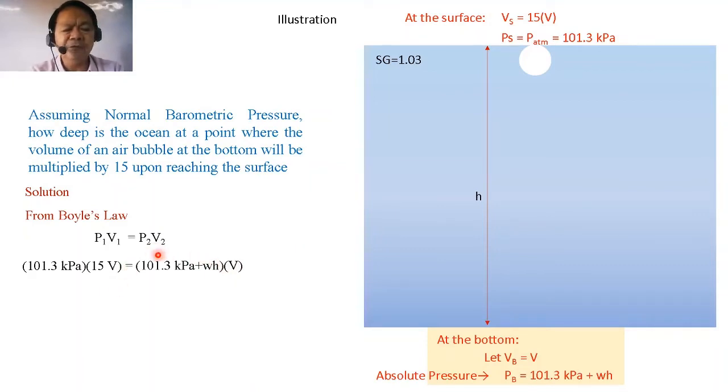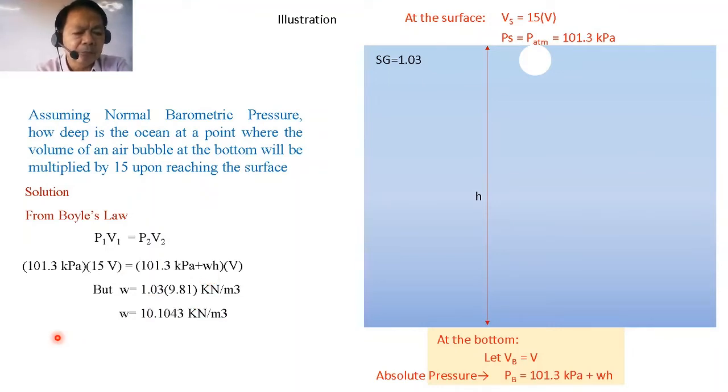So when we simplify this, you will have a W. By the way, the W, the unit weight of the liquid will be equal to 1.03 multiplied by 9.81, being the specific gravity of the sea water or the ocean multiplied by the unit weight of the water.